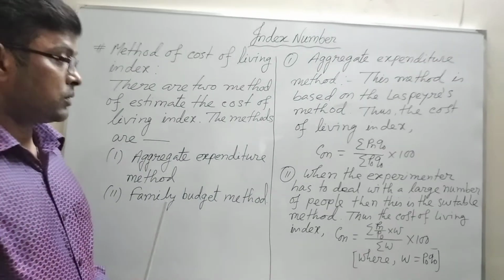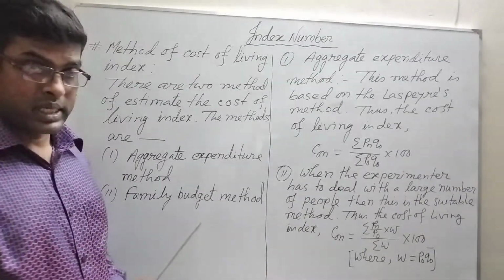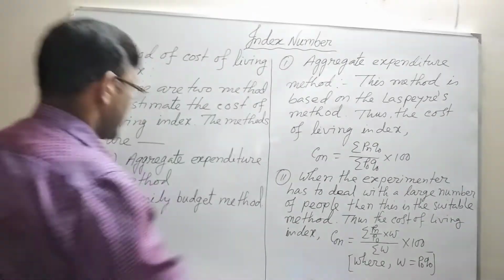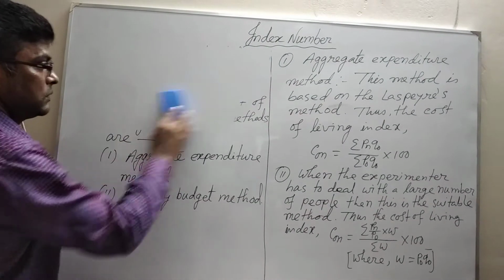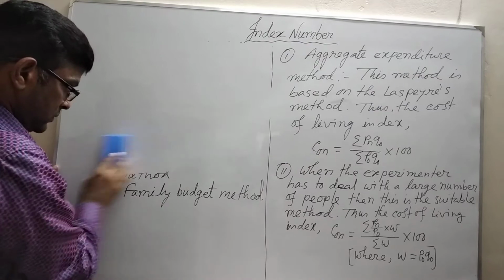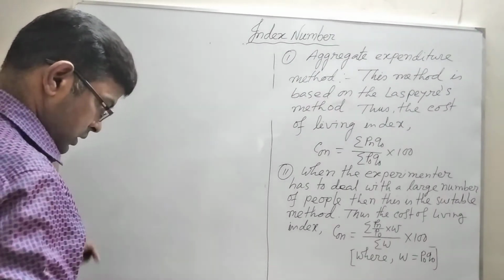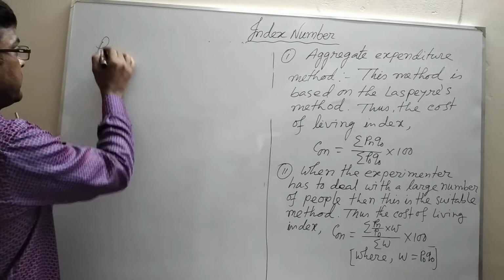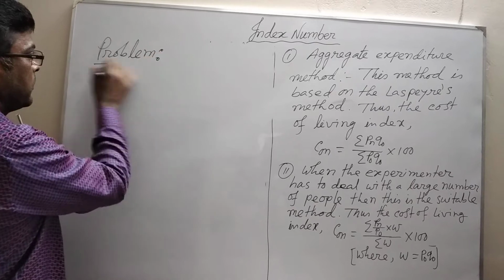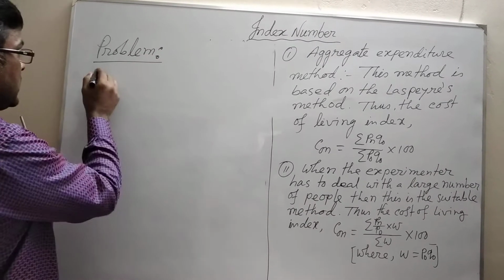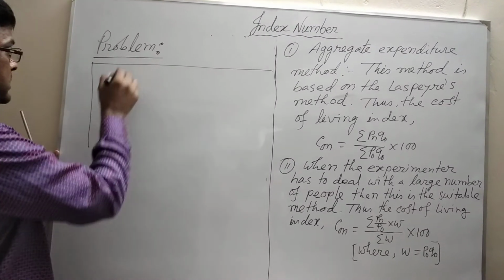Now, dear students, we can solve the mathematical problem of cost of living index. Then you can write the problem. At first, we draw some commodities.